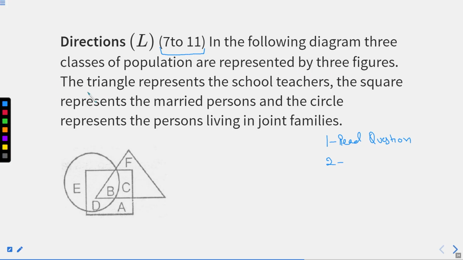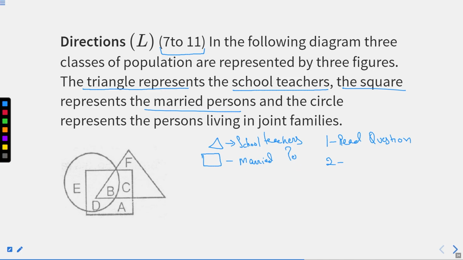The triangle represents school teachers, and the square represents the married person. It is clear till here.